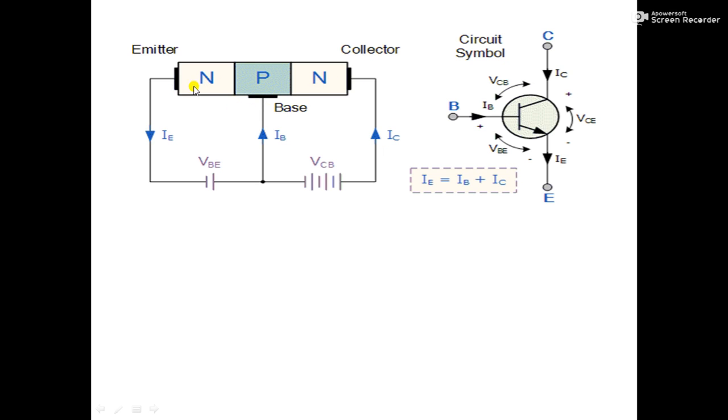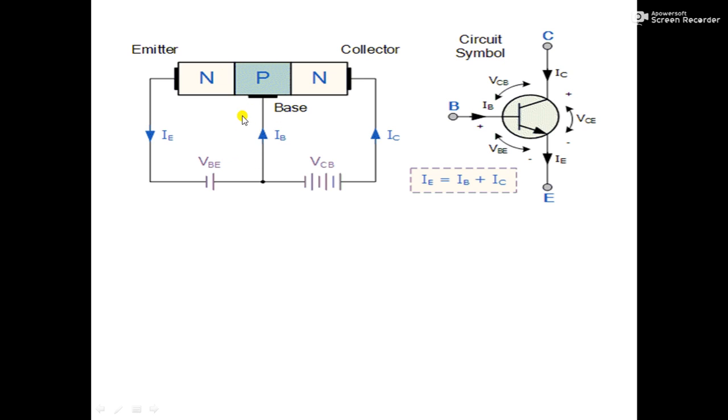So the emitter current is entirely due to the majority carriers that are flowing from emitter to base and base to emitter. The collector current has nothing to do with the base current.